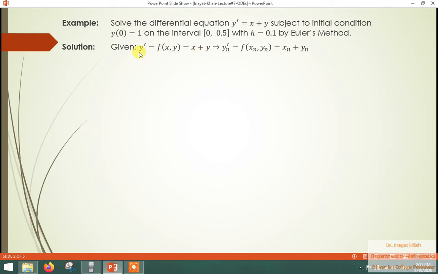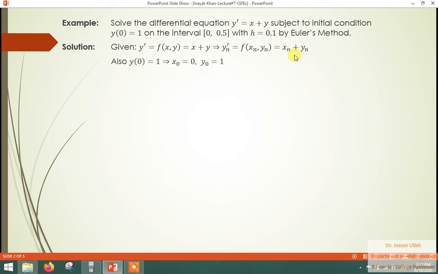If you replace y by yn, that becomes yn prime, and x by xn, so that is a function of xn and yn, and this is equal to x replaced by xn and y replaced by yn. So that is actually yn prime.